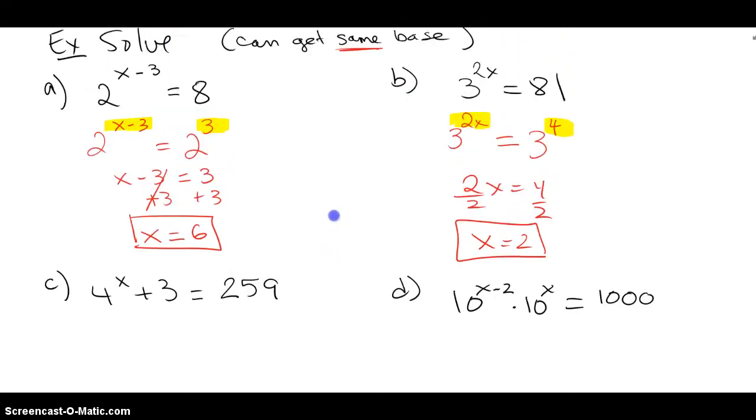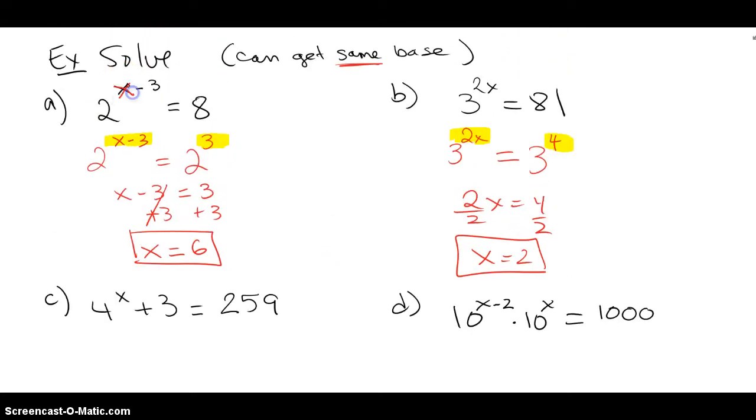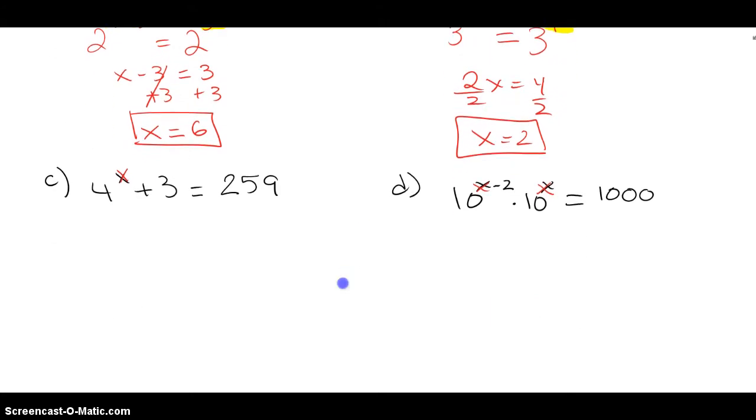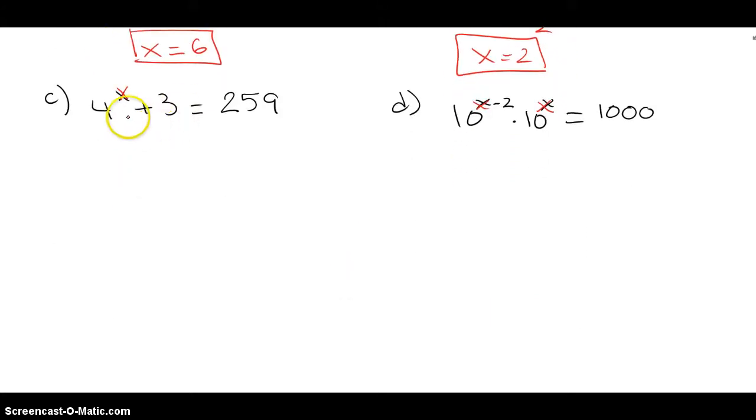I want to point out that in all of these, since x is in the exponent spot, the variable is in the exponent spot, that is what signifies it to be an exponential equation. So let's go back over here. I'm trying to solve for x, so I want to isolate this exponential term. I'm going to subtract 3 from both sides.